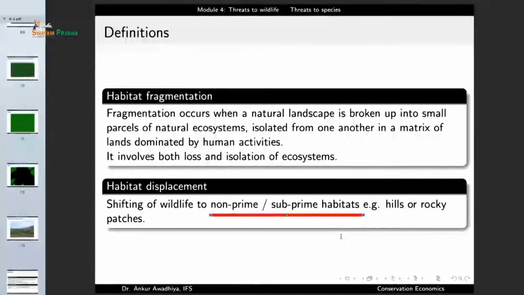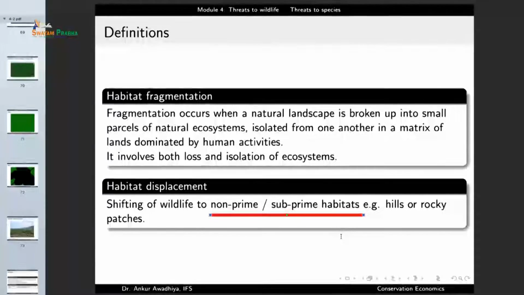And in this process of habitat displacement, the wildlife has been shifted from a prime habitat to a subprime habitat, such as hilly or rocky patches, and because these subprime habitats do not have sufficient amount of food and water and other resources for the animals, slowly and steadily, the population of the wildlife will go on decreasing because the habitat does not have sufficient carrying capacity.